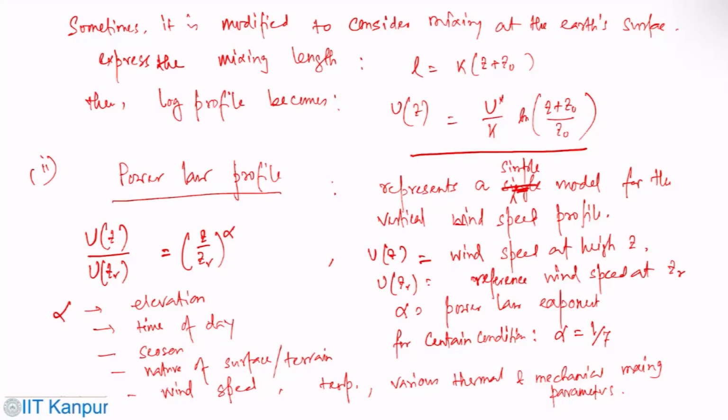But one can see that for this particular case, alpha has a lot of dependencies like elevation, time of the day, season, nature of the surface or terrain, wind speed, temperature, and various thermal and mechanical mixing parameters. So researchers have suggested that the best possible fit for the wind calculation should be used.